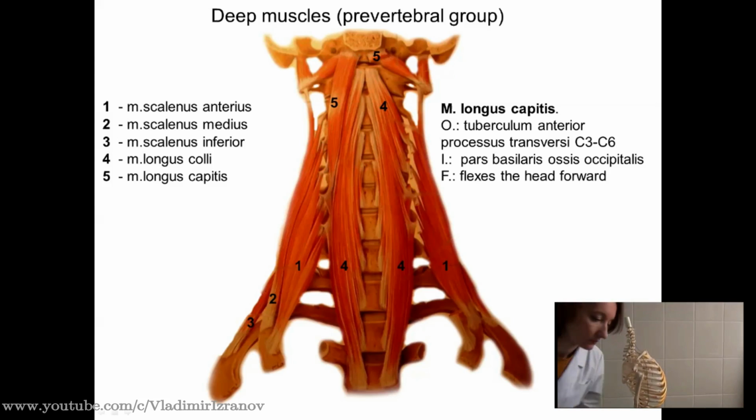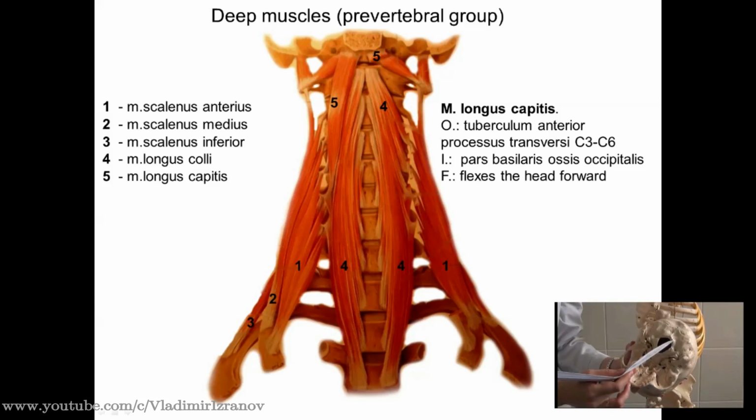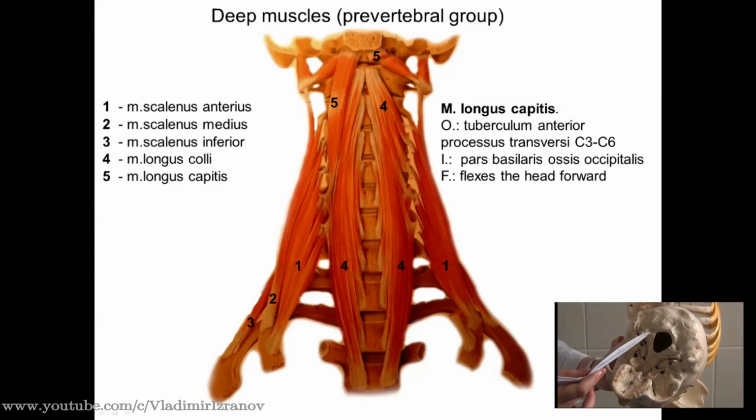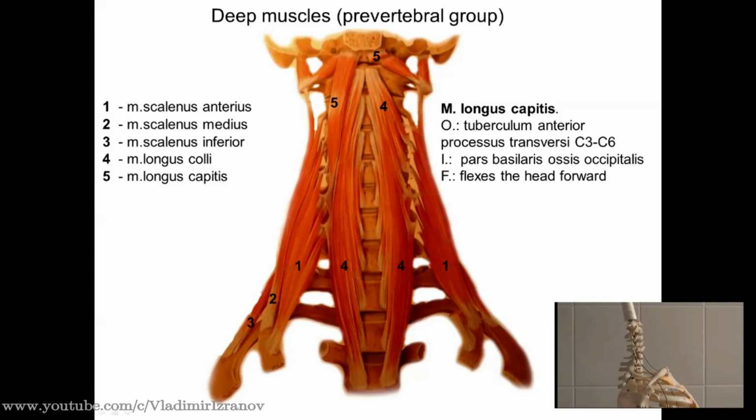Let us try to demonstrate it. Inserts here on os occipitale. Function of musculus longus capitis is that it flexes the head forward if it contracts from both sides, but if it contracts from one side, that will be inclination to this side.